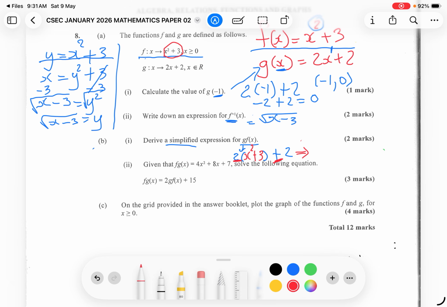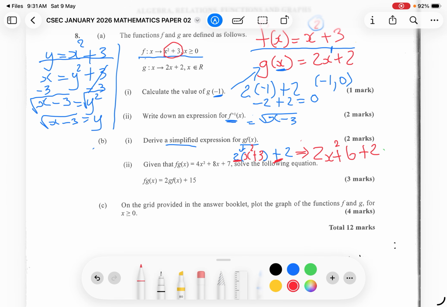So I will say 2 times x squared, and that will give me 2x squared, and 2 times 3, that will give me 6, and I'll add my additional 2 that is outside of the bracket.